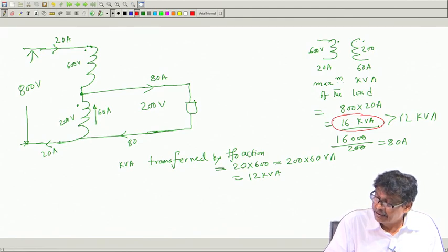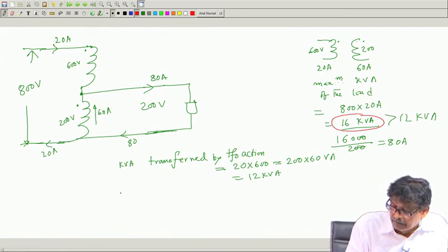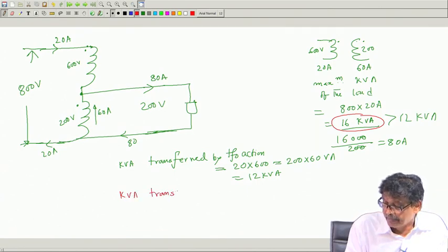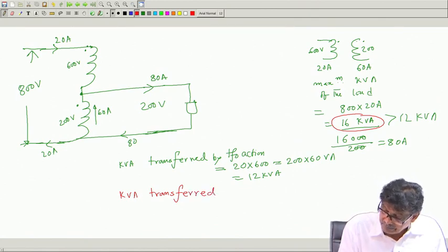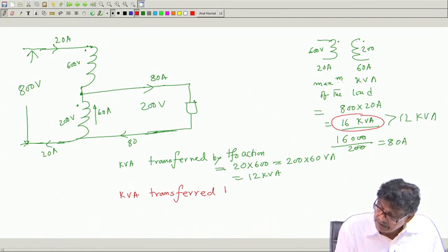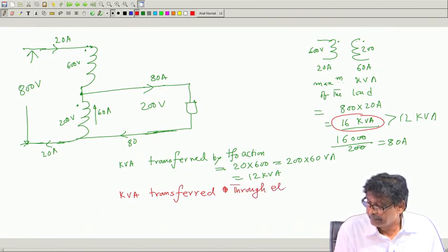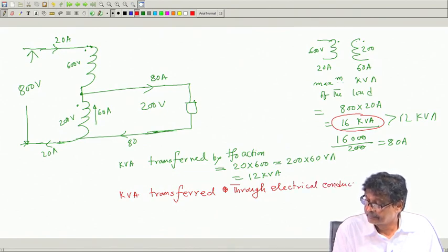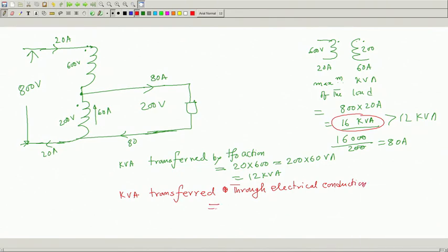So, where from this extra kVA is coming? I will conclude that kVA transferred through electrical conduction is this 16 kVA, 16 being the total minus 12, that is 4 kVA.